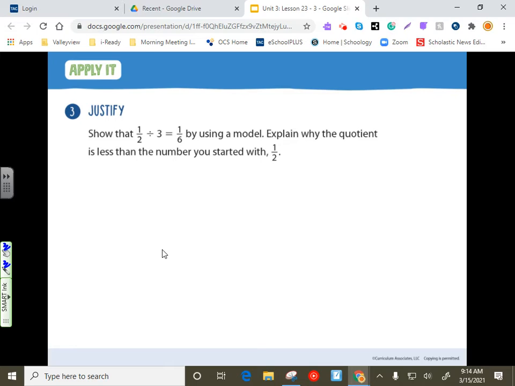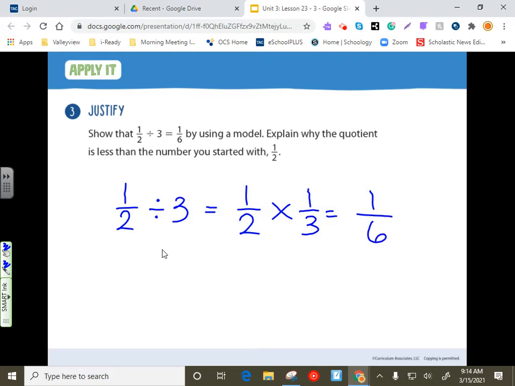Let's do 3. Show that 1/2 divided by 3 equals 1/6. So 1/2 divided by 3. We'll keep the first term, change division to multiplication, and we'll flip 3 into 1/3, and that equals 1/6. It also says explain why the quotient is less than the number you started with. Again, this is our quotient.